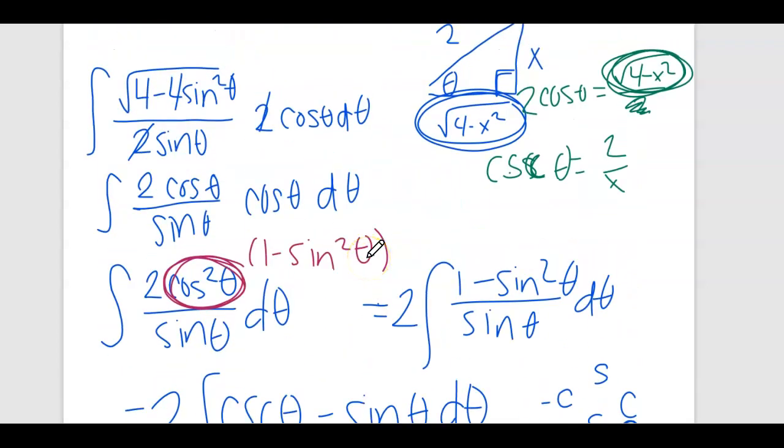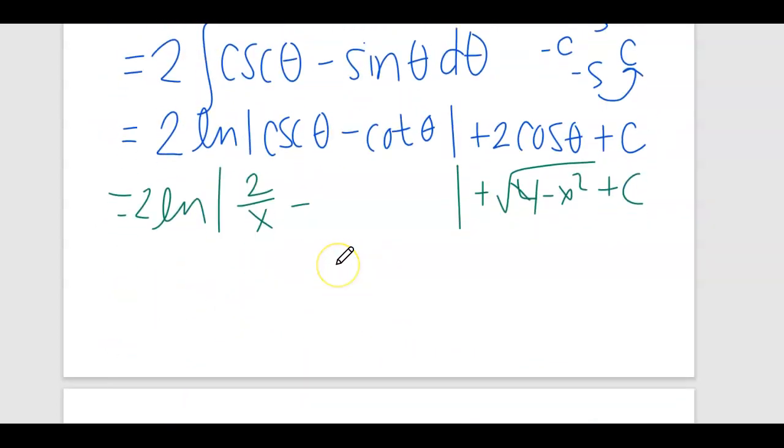Tangent would be x over the square root. Cotangent would be the square root, or adjacent, excuse me, over opposite. And so that's going to go down here. And that is our full answer, friends, for that integral.